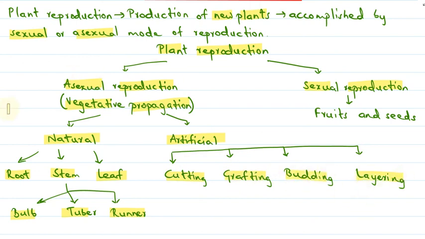So this is about the asexual or vegetative propagation part that can take place in plants. Now if we talk about the sexual reproduction method that occurs in plants, this method takes place by the help of fruits and seeds. Okay, so this is an overview of plant reproduction.